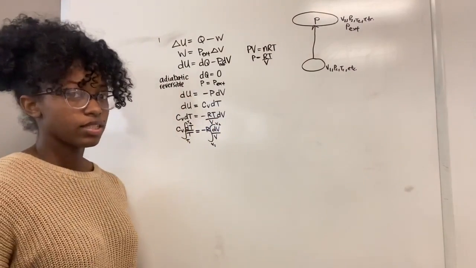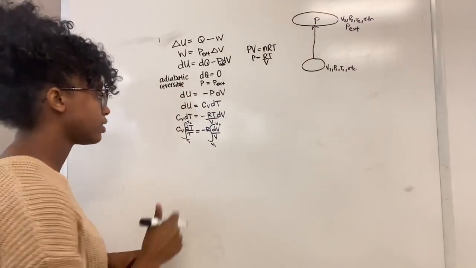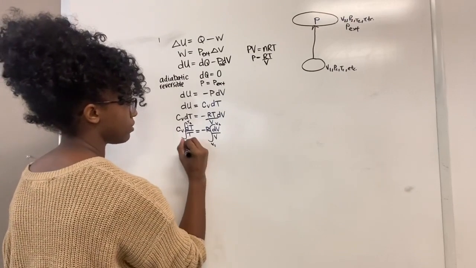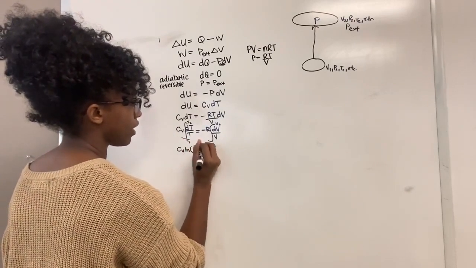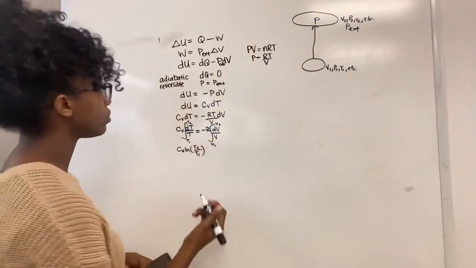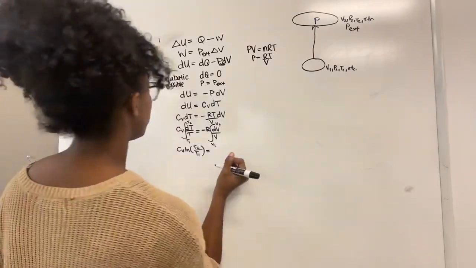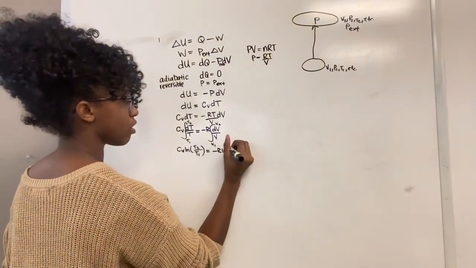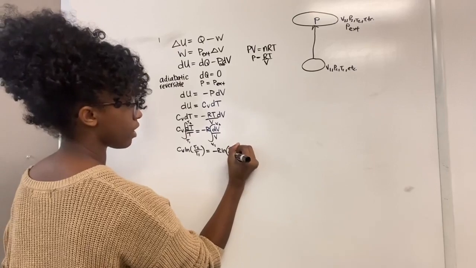And so doing this, we'll get the constant volume heat capacity times the natural log of T2 divided by T1 by just doing simple log rules. And that's equal to negative R times the natural log of V2 divided by V1.